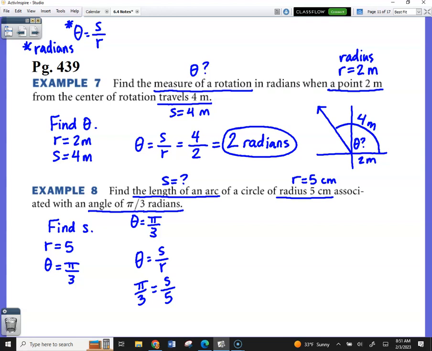But you really don't want to multiply the 3 to the right, because then you've got it next to S, and the goal is S to be by itself, right? The only thing in the way is the 5. It says divide 5, so you multiply by 5 over here. So you have 5 pi over 3.